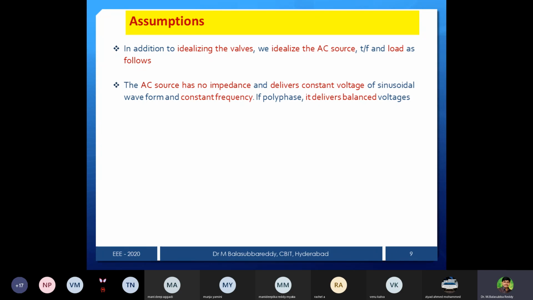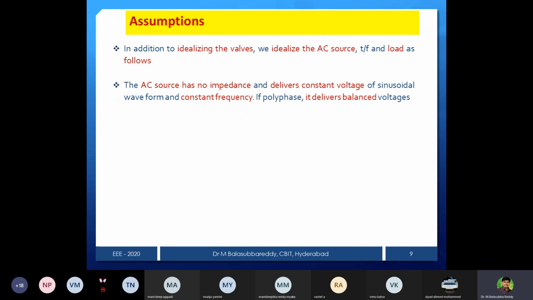That is the reason we assume no impedance in the source side. That shows the voltage drop in the source is minimized as much as possible once you neglect that impedance. But practically there is impedance. If you consider that impedance, what we discussed in power electronics comes into the picture.